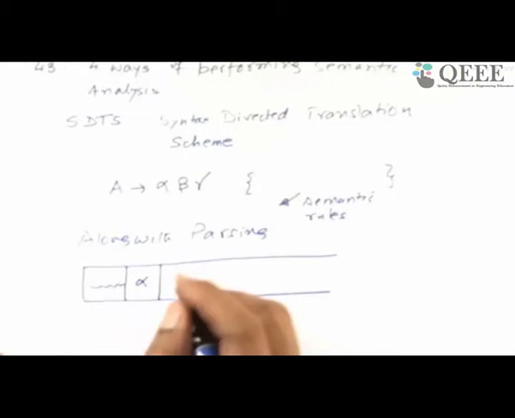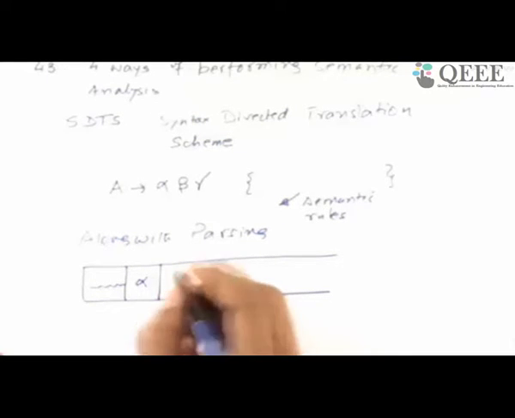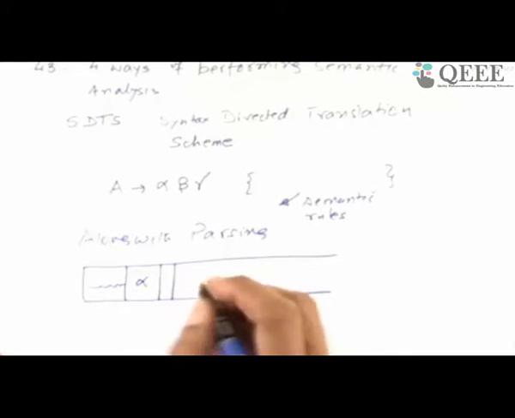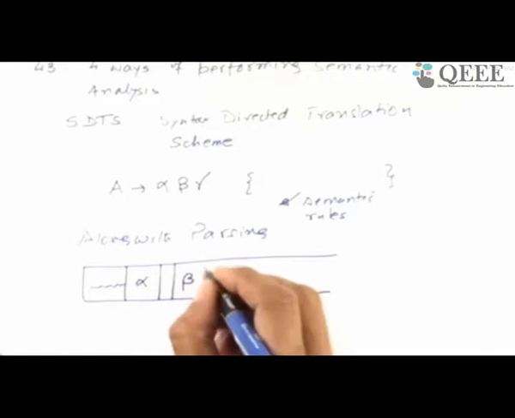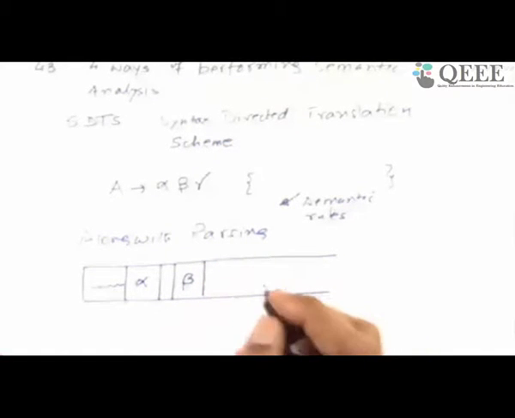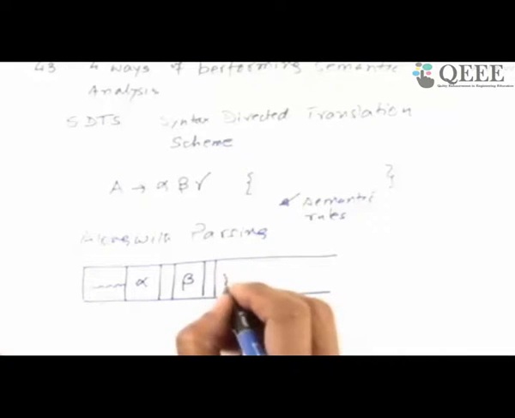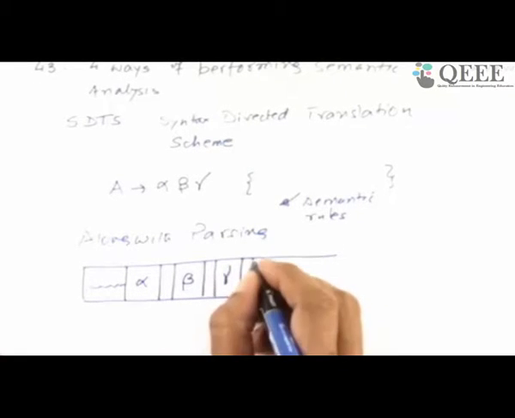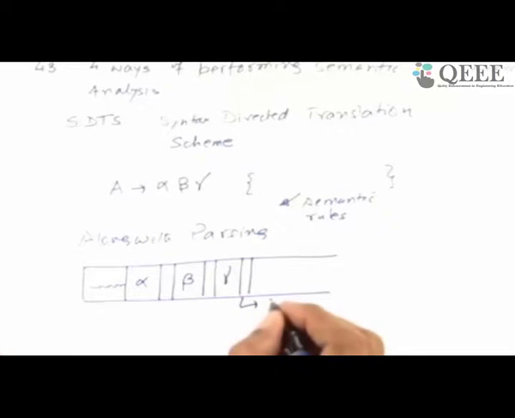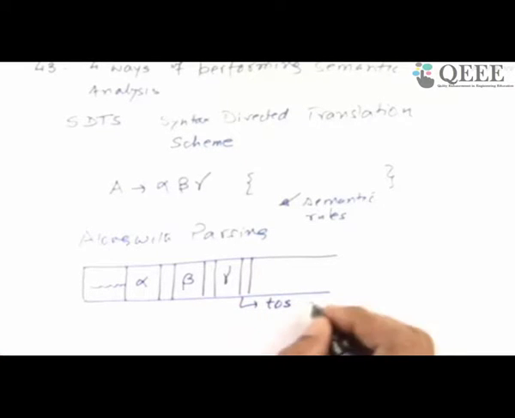I'm ignoring the states. Really speaking, there'll be a state also here, or if you want, I can put it there, but not populated. After that, we have seen beta, whatever the beta grammar symbol is. Then there is a state symbol, and then we have seen gamma, and we are in a certain state. This is the top of stack state. This is how the parser works.